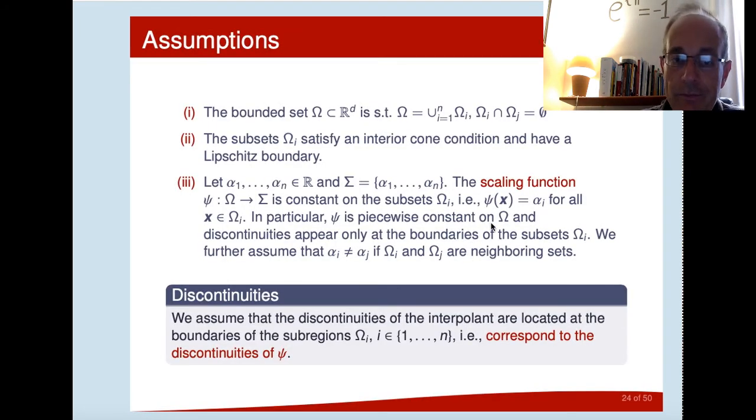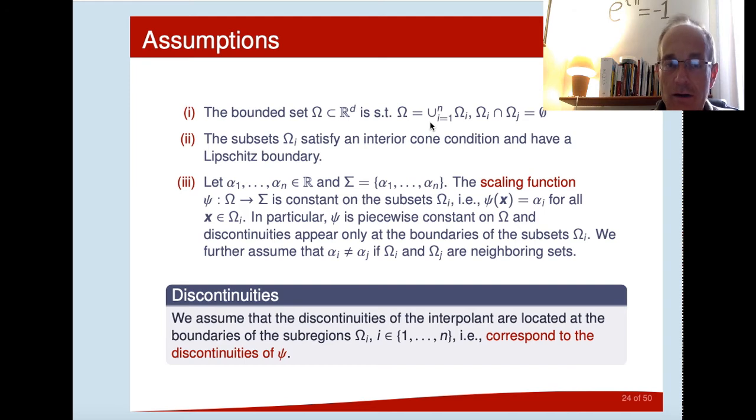So the assumptions now generalize what we have seen in the one-dimensional case. What we have seen is that the bounded set is now a union of many subsets which are disjoint. Okay, so before we used intervals, now we use subsets.